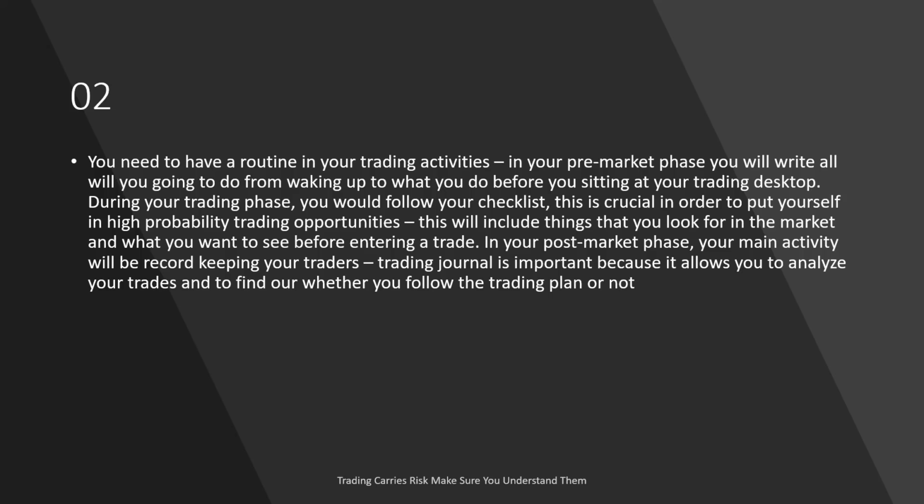And then lastly, you have your post-market phase. And your post-market phase is a matter of record keeping and analysis. And this is very, very important, because it's going to help you decide whether you're making good trades or bad trades. Because a good trade isn't necessarily a trade you made money on, and a bad trade isn't necessarily a trade you lost money on.